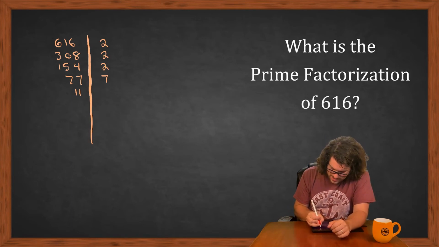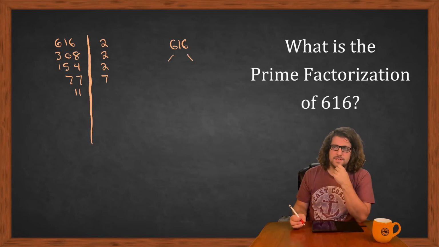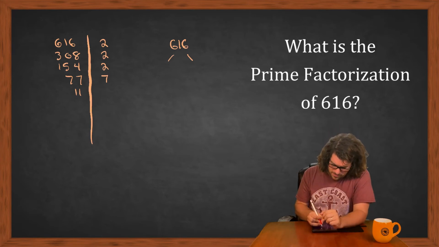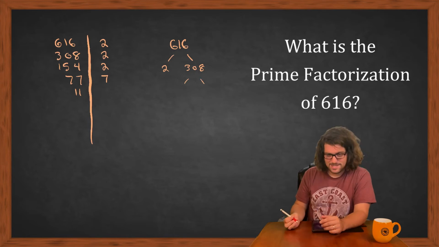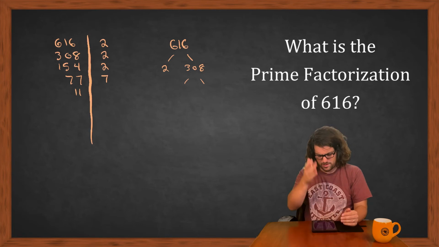If I set it up as a tree instead, it's going to look like the following. All right, so 616 as a tree. So again, I might not, off the top, recognize anything that will go into a number this large other than the value 2. So it's actually going to look much more similar to my last example, or the other way I did this with the line.